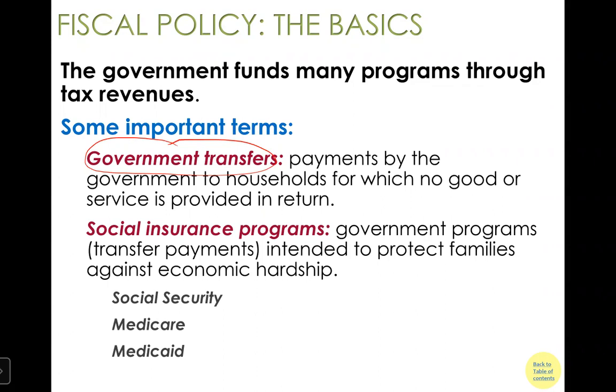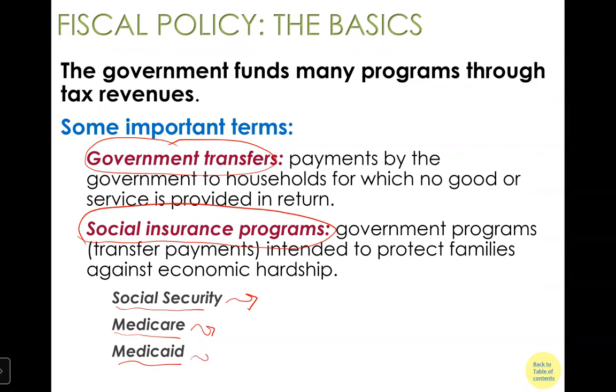Because when the government issues a check, they are not expecting you to provide goods and services in return. Now, the other important term is social insurance programs, right? Including Social Security, Medicare, and Medicaid. Social Security is a payment to the elderly and sometimes to people who are disabled. Medicare largely covers healthcare for the elderly and people who are disabled.